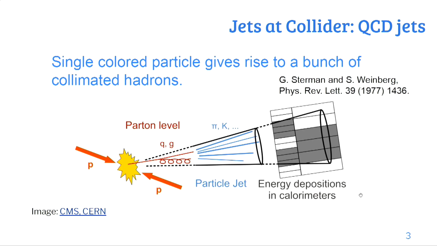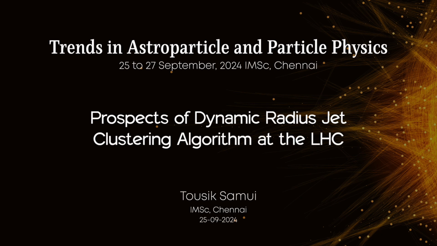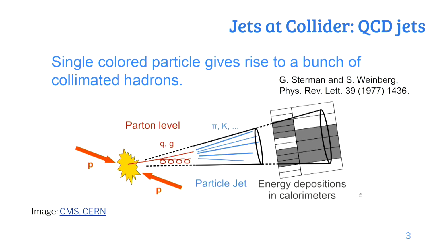Let me give you a very brief and quick introduction to jets. A jet is basically a collection of collimated hadrons. For example, if a quark or gluon, which is a colored particle, is energetic enough, then it tends to shower, and after the shower they hadronize.